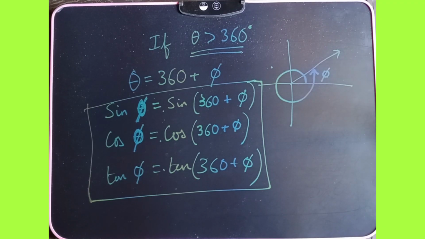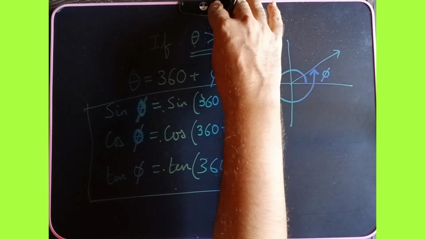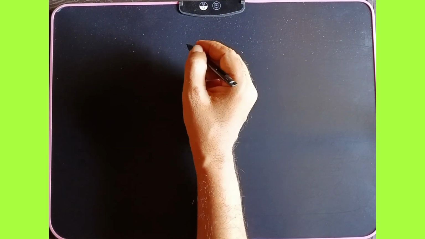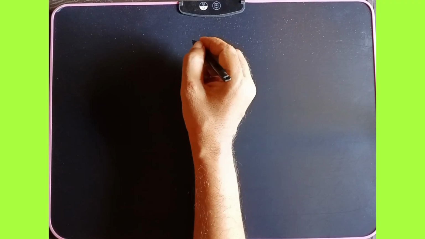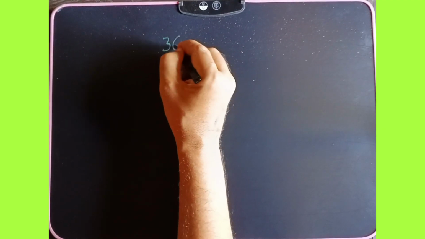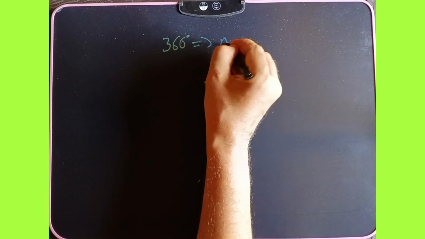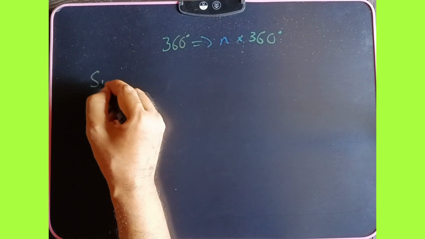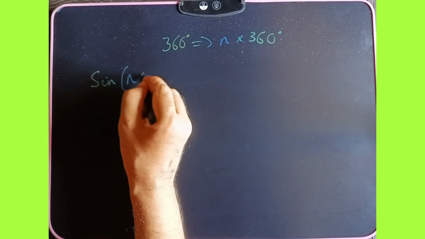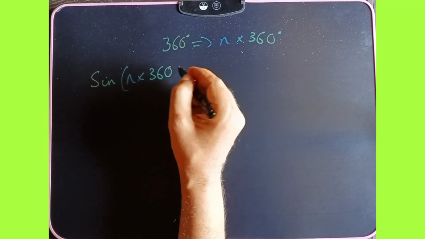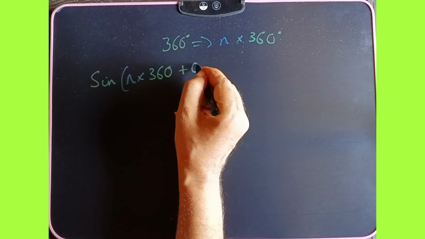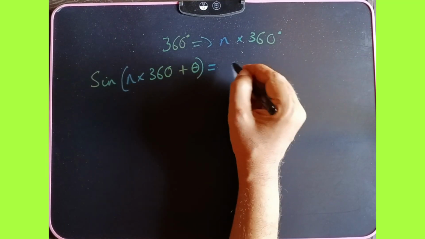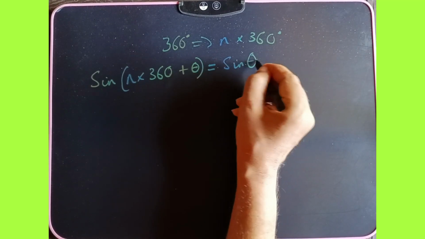Now, we can say that this angle is n times 360. So sine of n times 360 plus theta will be nothing but sine theta.